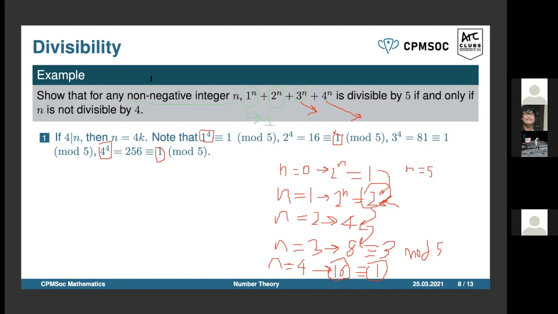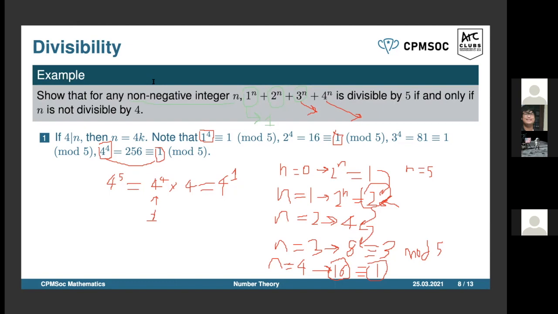So for example, if you do 4 to the power of 5, it's the same as doing 4 to the 4 and multiplying it by 4. And again, you can replace this 4 to the 4 by a 1, and doing 1 times 4 will give you 4. So this goes back to 4 to the 1. So again, you can see there's a cycle that repeats.